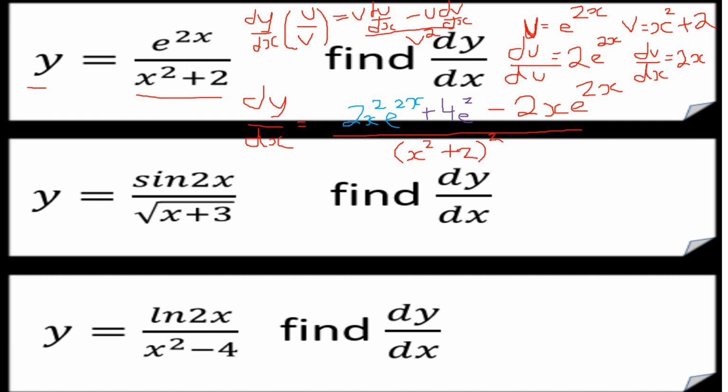Hopefully you can remember that it's v du dx, so it's this times this plus this, the same number times 2.